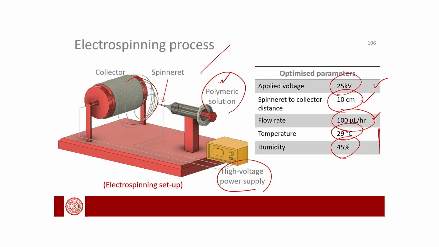So, for reference we used 100% PLA, keeping all the process parameters the same as I have discussed: voltage, collector distance and flow rate, everything kept constant. And what we found is that the mean diameter of the nanofiber we get is 310 nanometer.